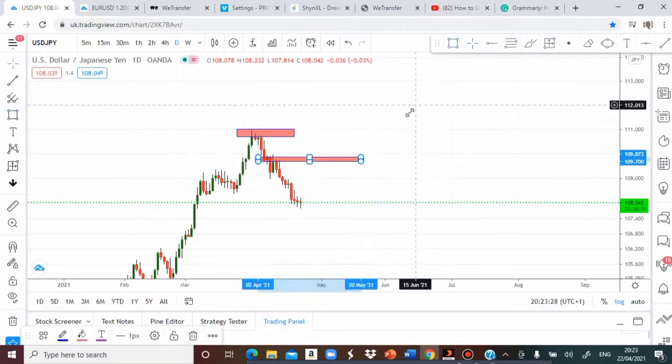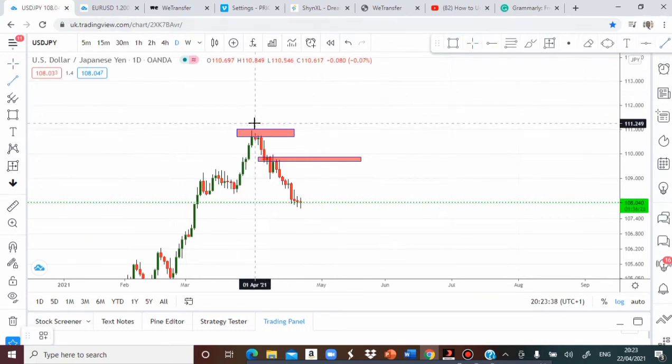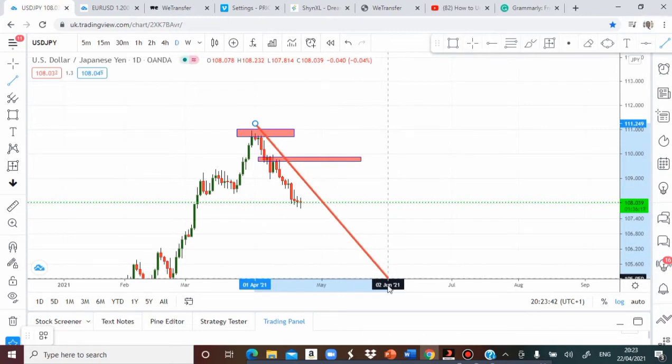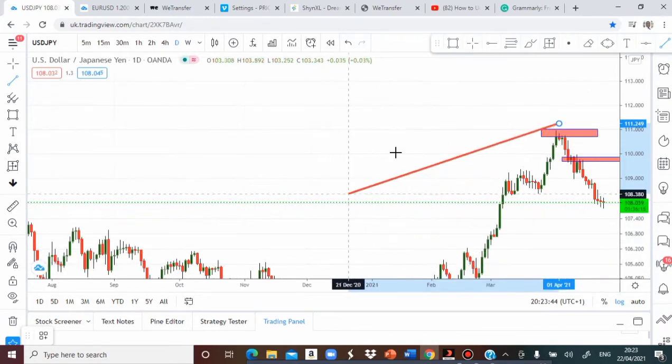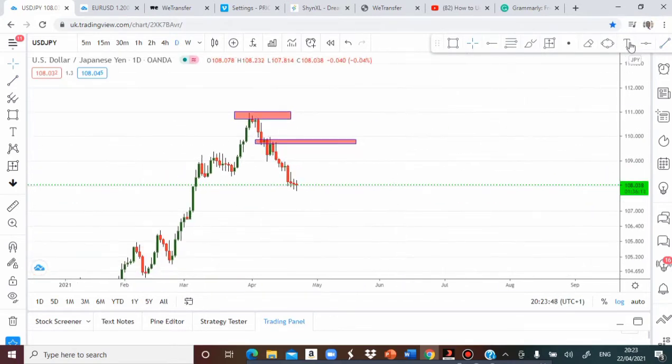Now, if you are going to be trading this market, you want to wait for price to come back here to test. You can even draw a trend line at this level, and let price come back. Let price come back and show you the right entry point.